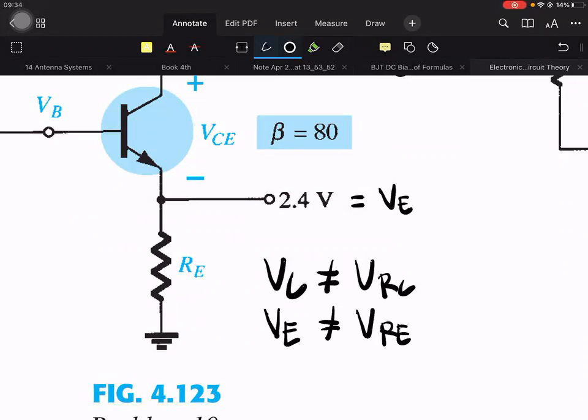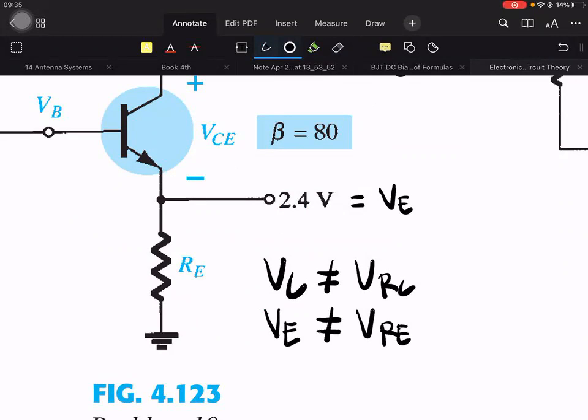If we measure with a multimeter across RE, the voltage we get is actually 2.4. RE is directly connected to ground. So in this case only, VE is VRE. But let's state that it's not necessarily so.